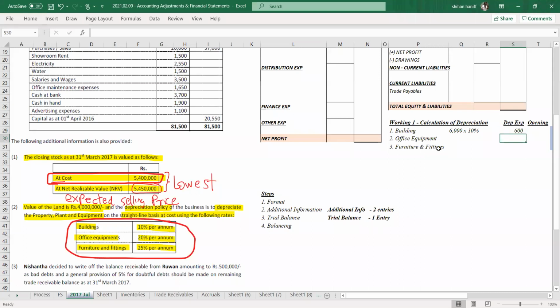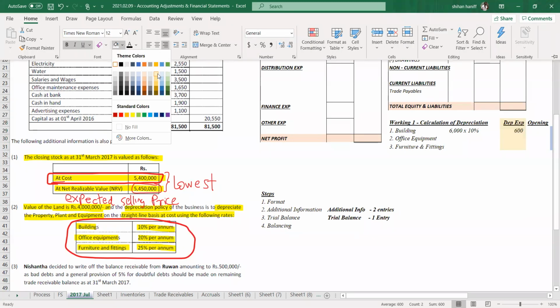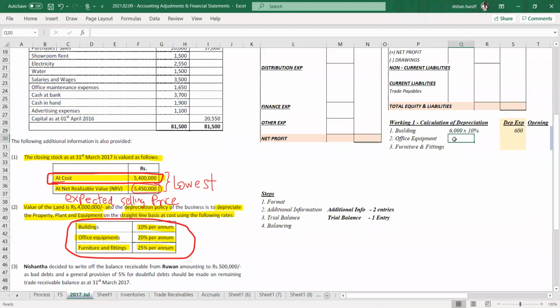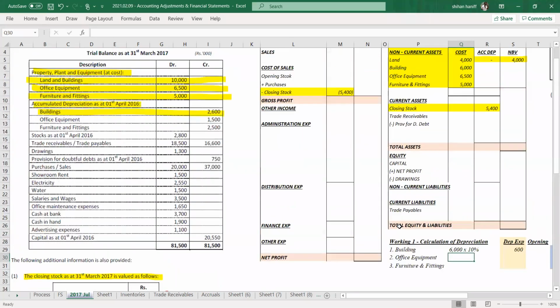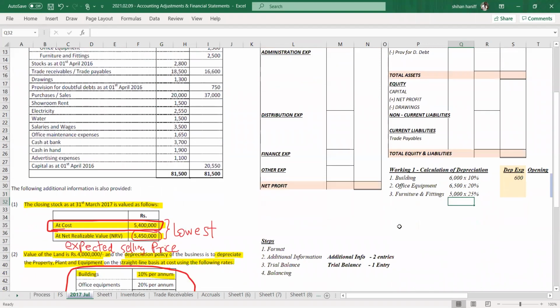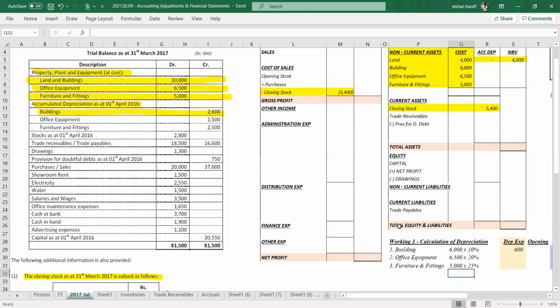That is the depreciation expense. Office equipment cost is 6,500 into 20%. Furniture is 5,000 into 25%.